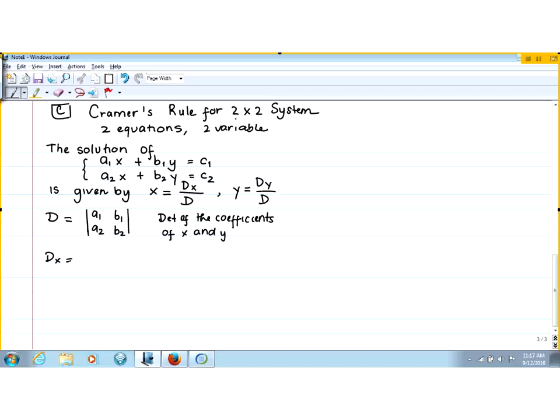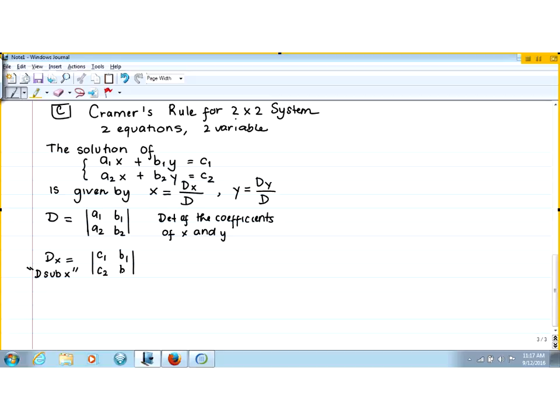All right. What about d sub x? This is read as d sub x. Which one is the coefficient of x? A1, A2. We will replace that by the right-hand side. My right-hand side is C1, C2.